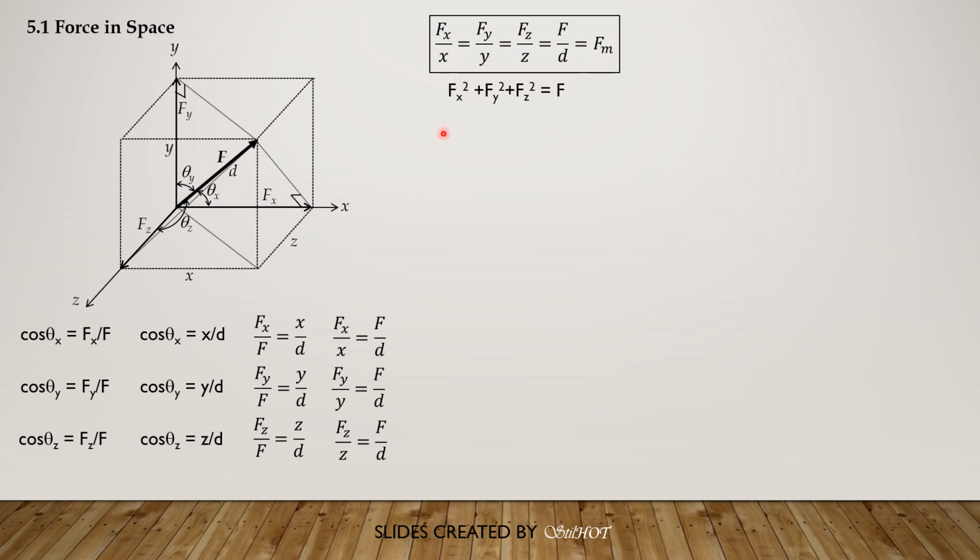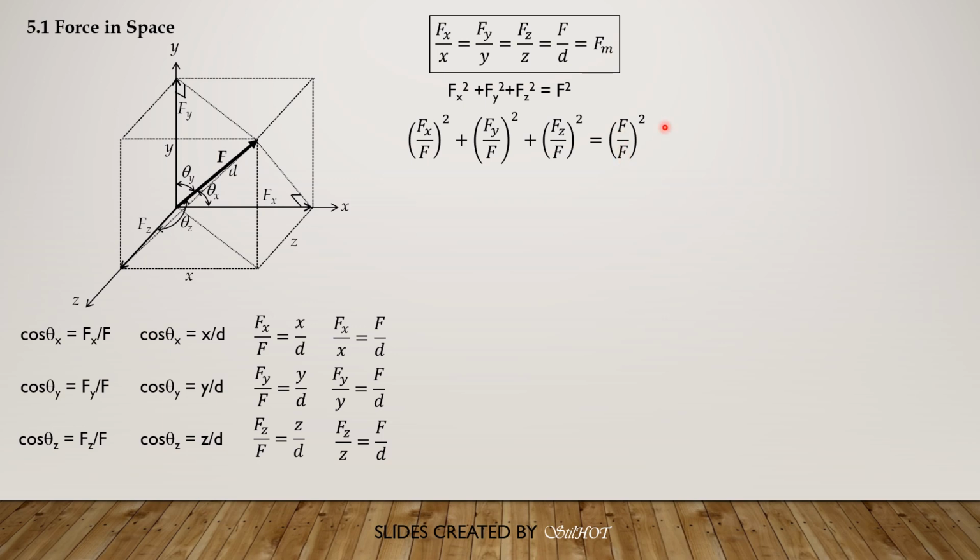Then also Fx squared plus Fy squared plus Fz squared, the sum of the squares of the components, is equal to the square of the force. Dividing everything by F squared, we have Fx over F quantity squared plus Fy over F quantity squared plus Fz over F quantity squared equals F over F quantity squared.